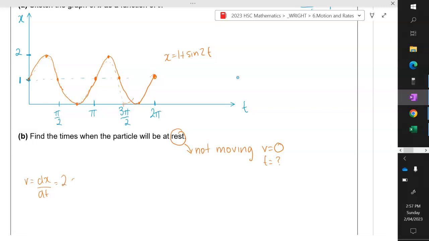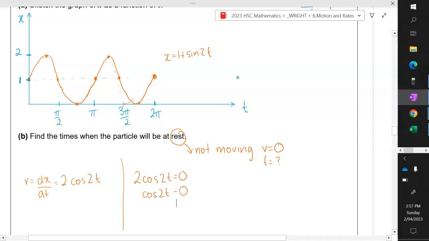It's going to be 2 cos 2t. And we want to find when this is equal to 0. So what we're finding is when 2 cos 2t is equal to 0, or when cos 2t is equal to 0. And when does that equal 0?